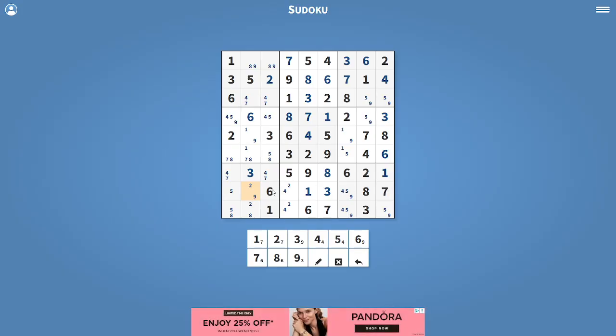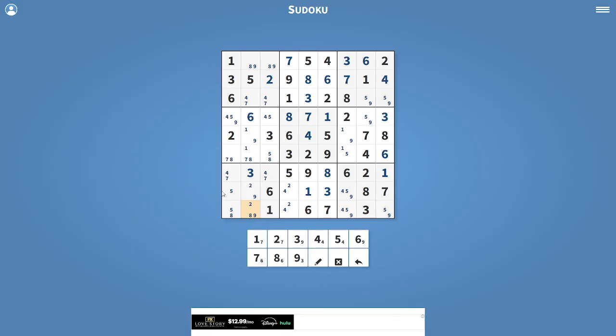So this would be a 2 or a 9 in that square, and that's all it can be. This one, unfortunately, can be a lot more, because this one can actually be, 2, 3, 4s are up here, 5, 6, 7, 8, and then 9. So that leads me to believe that 9 could be down here.